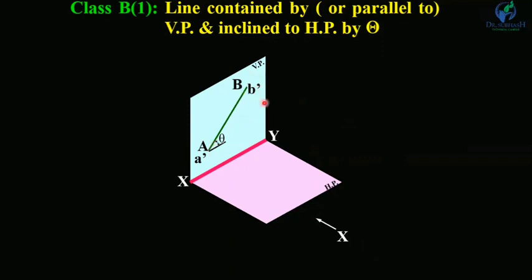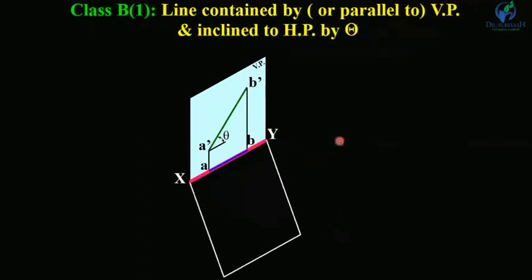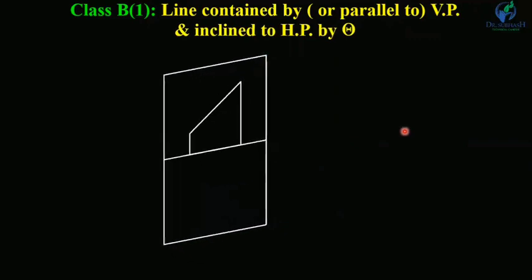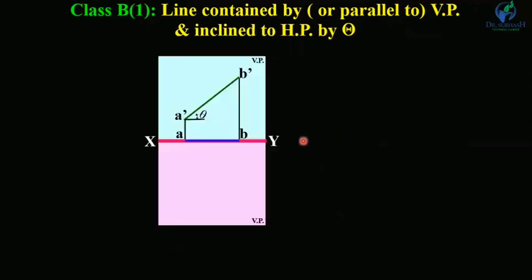Okay, and now looking from top, the projection AB. Okay, so line is in VP, so the projections of A and B, or the top view, is on XY line. Now here you can see this AB is a top view and A dash B dash is a front view and this angle is theta.